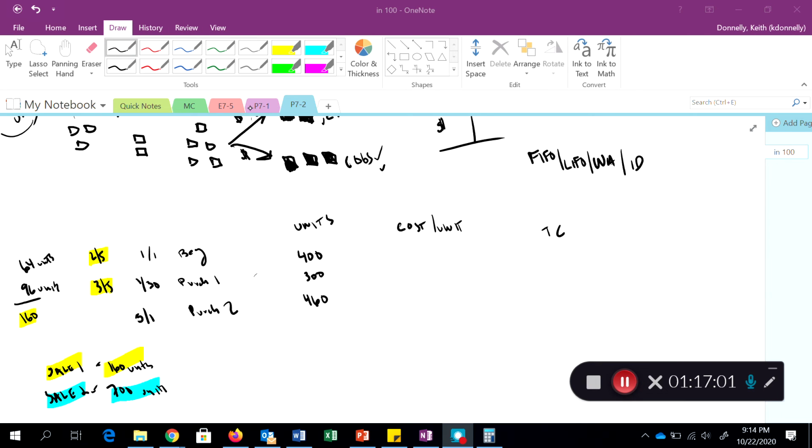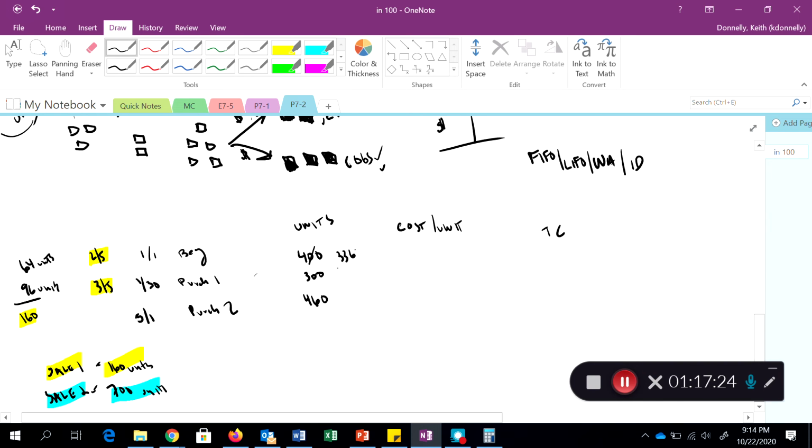So what that means is, from that first sale, we took 64 units, which decreases this down to 336, the adjusted, so 400 minus 64.